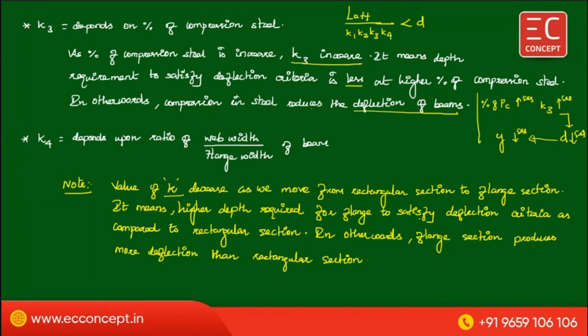If the depth is less, then K is maximum, then those conditions, the percentage of reinforcement or the section, will be changed. For example, rectangular section has less deflection, but the flanged section has more deflection. So that is the meaning. You have to keep this in your mind.